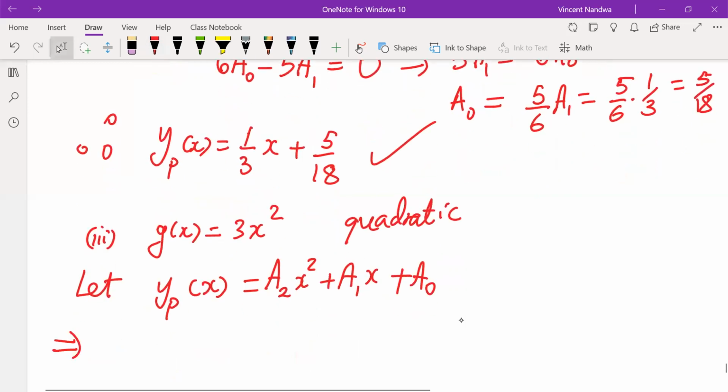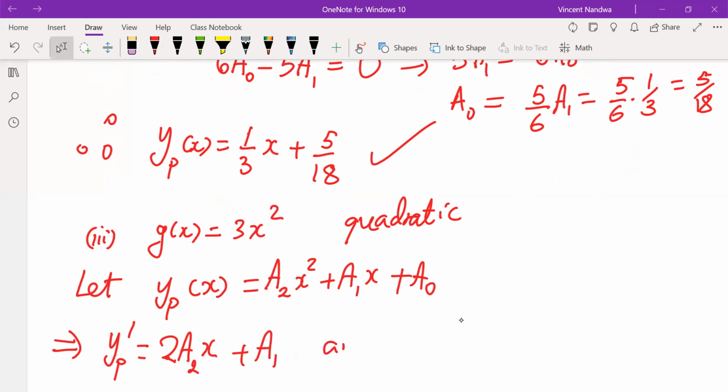Which means yp prime will be 2a2x plus a1, and yp double prime will be 2a2.